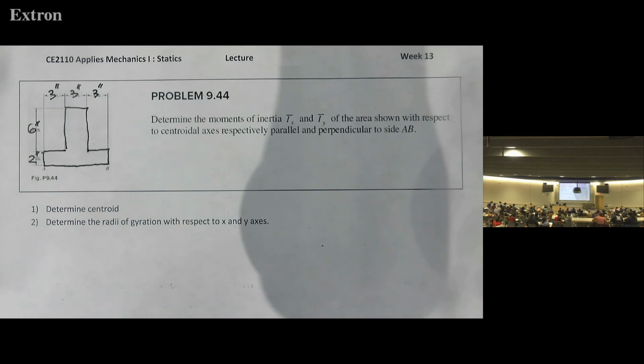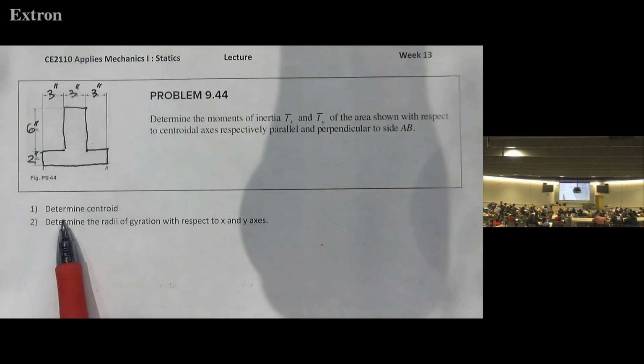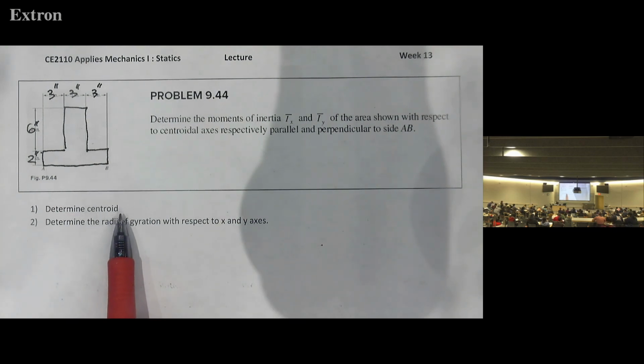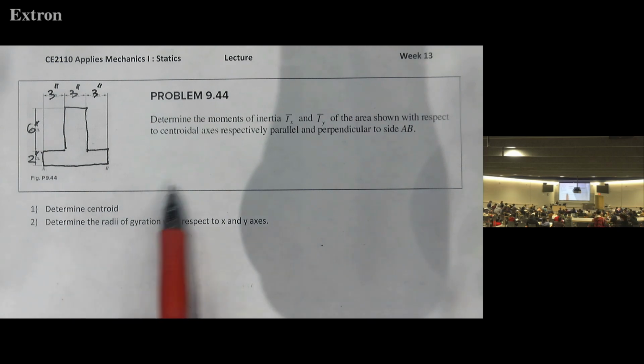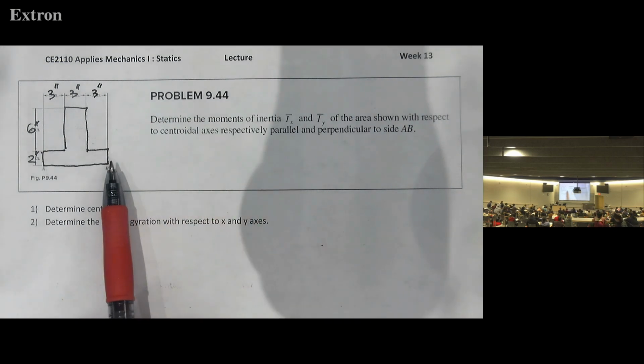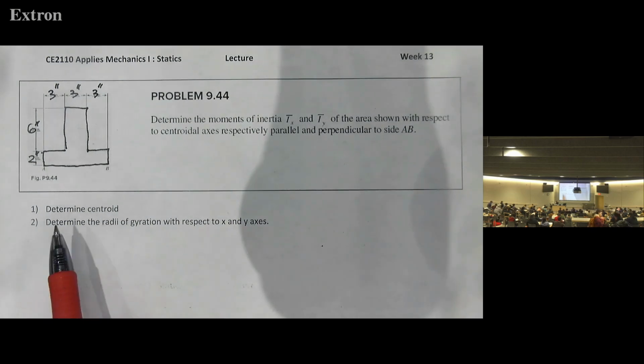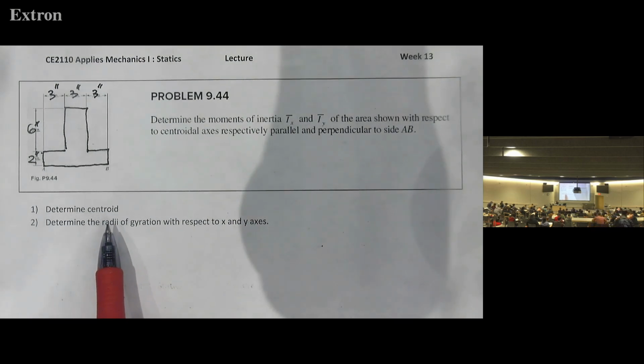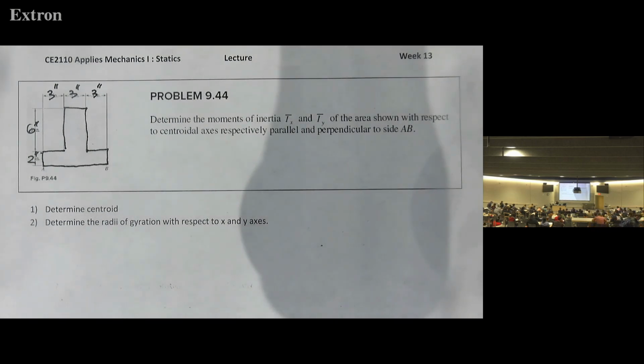No, that means we need to find them. So that's why I determined the centroid. And then define the centroidal axes first, and then calculate the moment of inertia about those two centroidal axes, and then calculate the radii of gyration. Yep. So it's a 3-part problem. Very possible to be in the final exam, right?